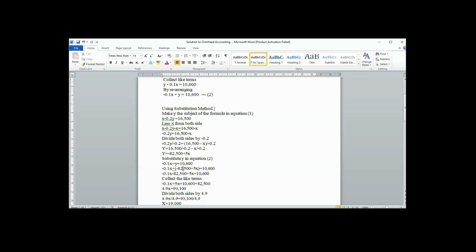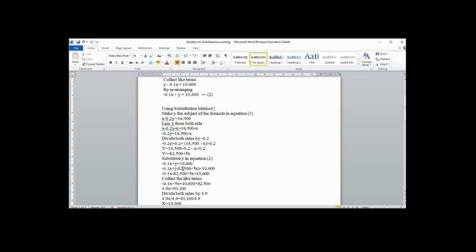What we have there before was minus 82,500. When it crossed the border, it becomes plus. Is that clear? That's the principle. Instead of me saying add 82,500 to both sides, I can do the same thing. It is allowed.